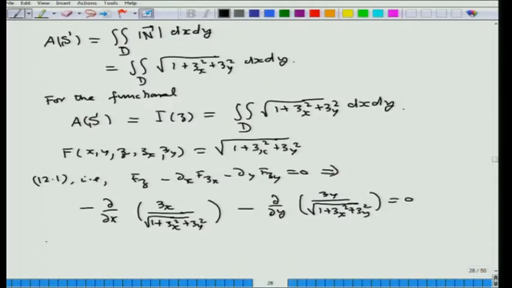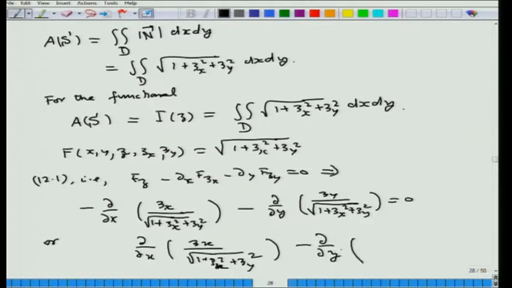So we can multiply by minus, or del by del x of z_x over root of 1 plus z_x squared plus z_y squared minus del by del y of z_y over root of 1 plus z_x squared plus z_y squared equal to 0. So that is the equation we get, which can be simplified like this.